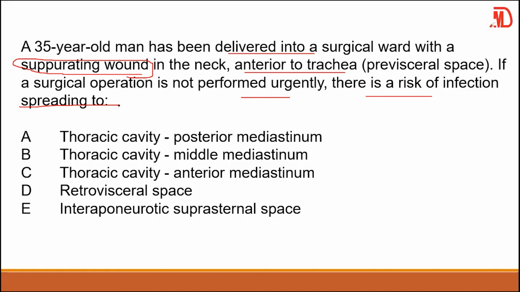Around the trachea and against the anterior wall of the esophagus, the space in between is what we call the pretrachea or the pre-visceral space. Up until now, you should know what we are talking about anatomically. Below this space, we have the superior mediastinum.